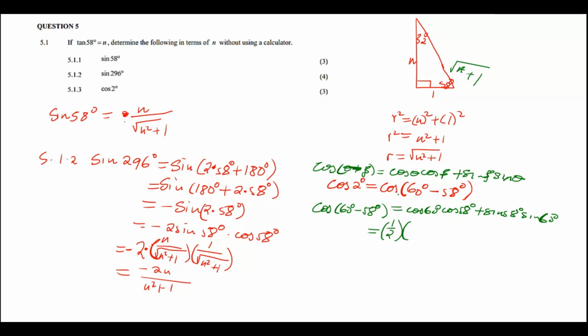So it will be adjacent, which is 1 divided by the hypotenuse, which is the square root of n squared plus 1, then plus sine 58 degrees according to the workings up there is just n divided by the square root of n squared plus 1 multiplied by sine 60 degrees. In our case, sine 60 degrees according to the special angles is root of 3 divided by 2. Then with this you can get to the final answer.